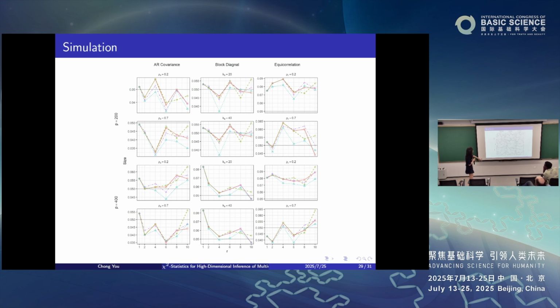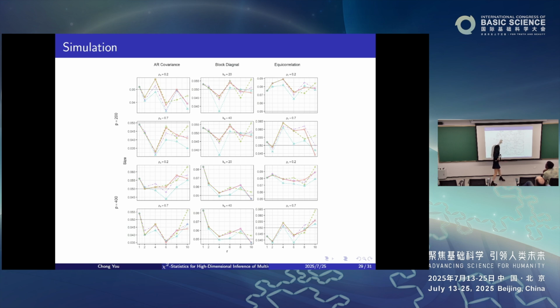And this is the simulation for the type 1 error, and those 3 columns represent different ways to construct the design matrix X. The first one is AR covariance, meaning autoregression. So the correlation between adjacent xi's is rho. So here rho is 0.2, 0.7.